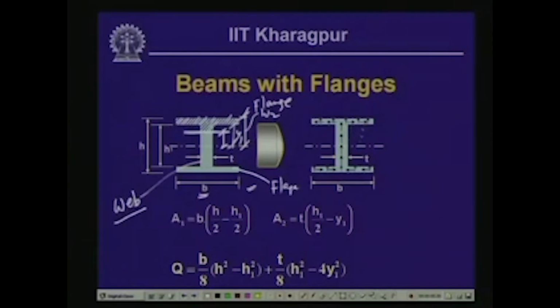Here, since the width of the flange is substantially large in comparison to the width of the web, in addition to the vertical shear which we have in the flange, we get the horizontal shear also, as shown over here. Because of this horizontal shear, the shearing stress distribution in the flange part is not uniform, and consequently if we apply the shear formula for evaluating the shear stress in the flange zone, it is going to be ineffective or erroneous.